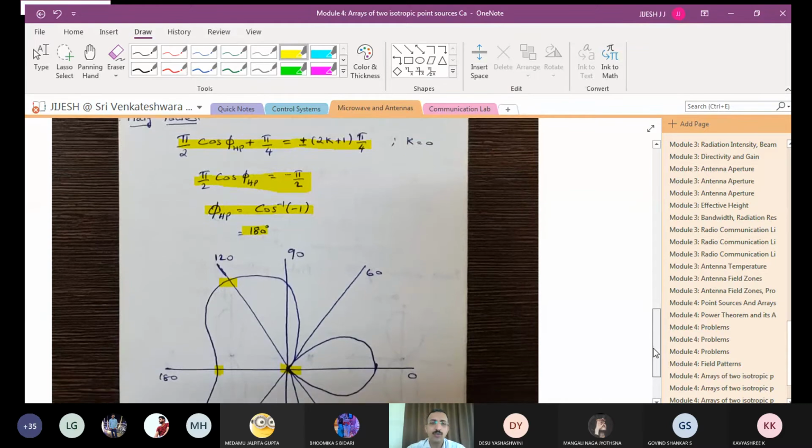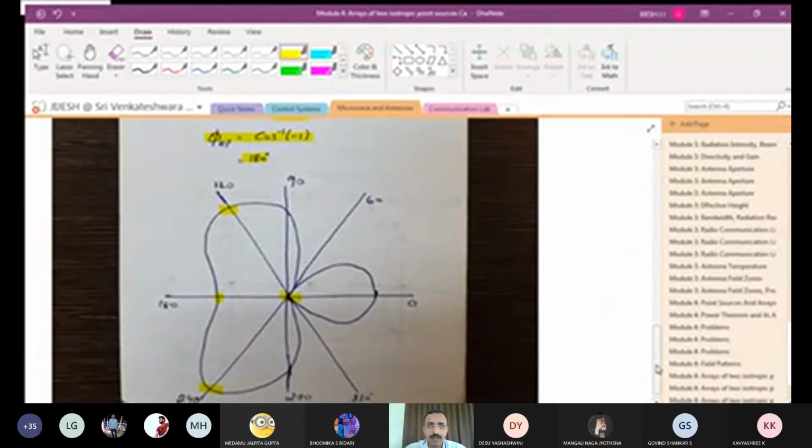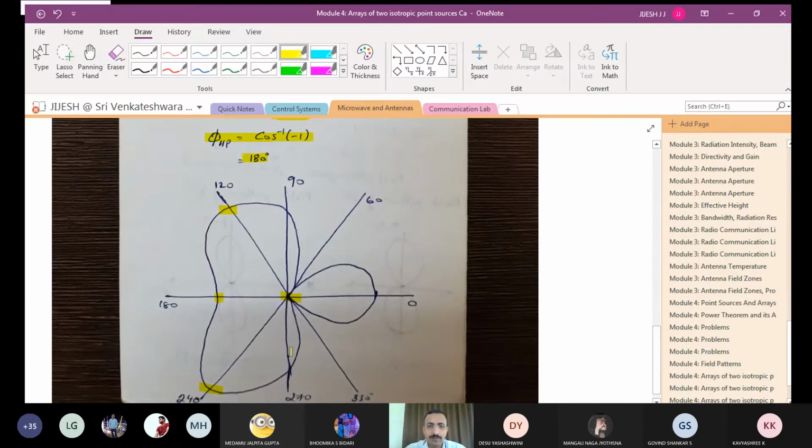That is two isotropic point sources of same amplitude and in phase quadrature. So we have drawn the maximum values at 120 and 240. First you draw the points and then you can connect them with free hands. The only thing is that for half power, you have to draw slightly inside. So the shape will be of this shape.